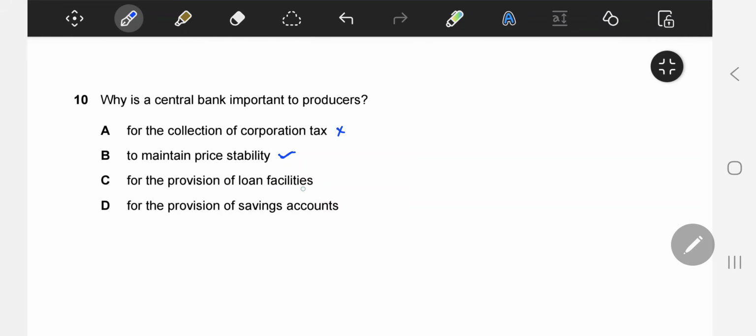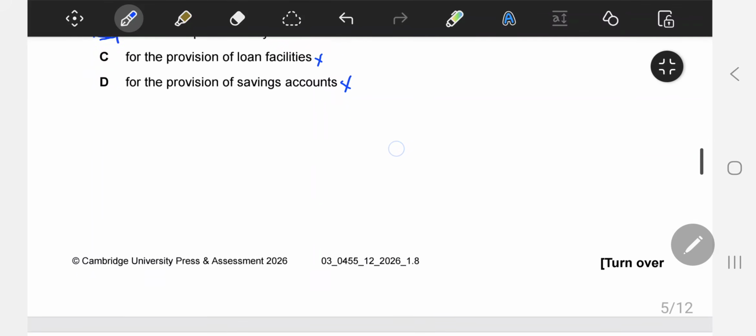For the provision of loan facilities? It doesn't provide loans to producers, and it doesn't give them savings accounts. I think the only option here is to maintain price stability. This is a role of a central bank. Okay, let's move on to 11.